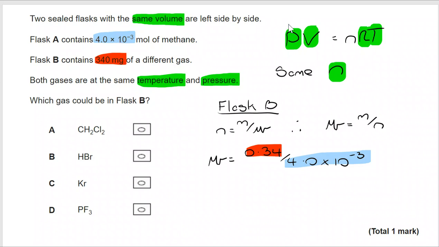And my number of moles, as we've established using this equation, is the same as in flask A, 4 by 10 to the minus 3. So that allows me to work out that the Mr is 85. Technically, it's 85.0. What I then need to do is start working through the compounds, and I can see CH2Cl2, 12, 2 1s and 71 takes me to 85. I've found the correct answer and we're done.